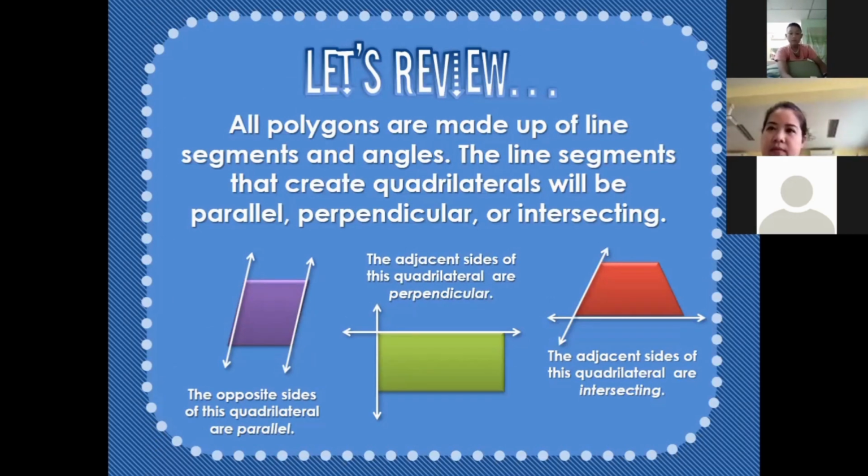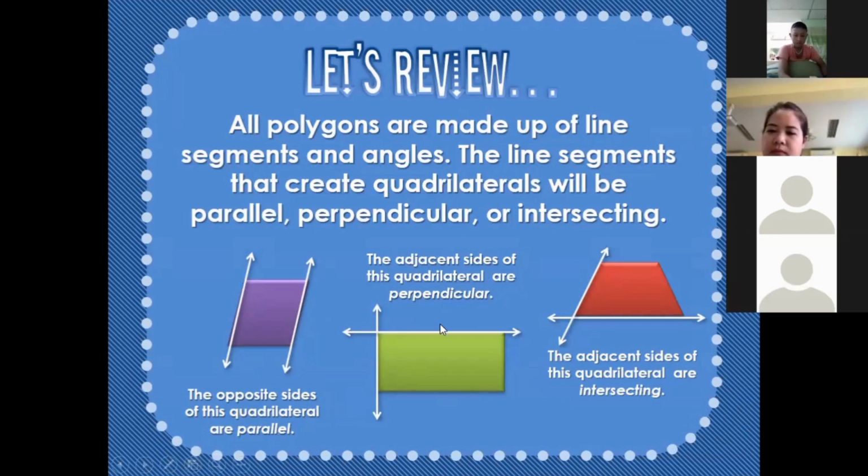The first one is parallel lines or parallel sides. The second one looks like a T. That is a perpendicular side or perpendicular line segment. This is actually 90 degrees. When they cross each other, they have 90 degrees.